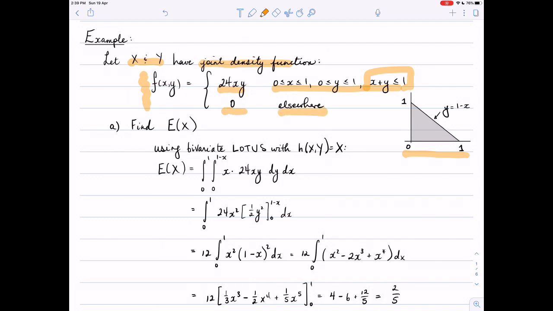So we are being asked first to find the expected value of X. Using the theorem above, the bivariate LOTUS, we take h of x,y as just x. So the expected value of X is the integral over the support of x times the density, dy dx.